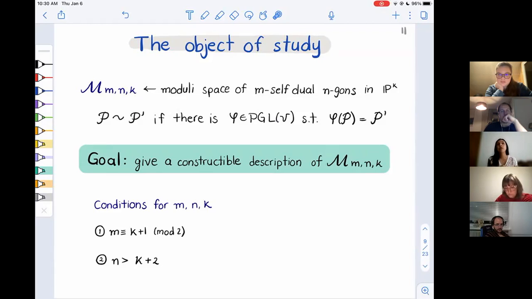For today, I'm just going to show some results that we have in this regard. If time allows, maybe I'll show a little bit of how we get these theorems. But the cool thing about finding the dimension of this space is that you actually get a constructive way of counting them.